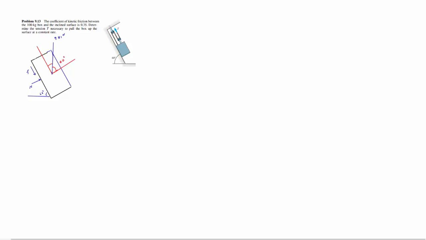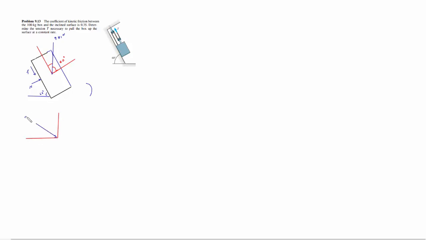The only way I can try and explain this is if I rotated this box this way, to where this would be my x-axis. So it would look something like this. If I rotated it 60, this line here is this line here, and this line is this line.